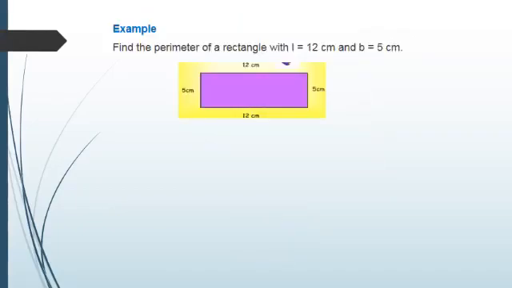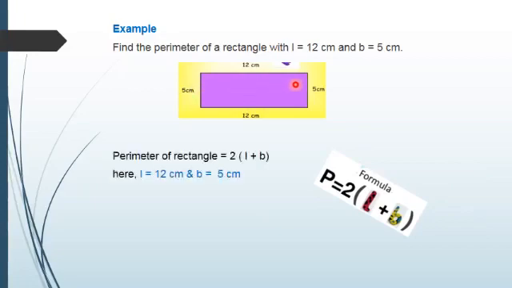Now in this example, we will find the perimeter of a rectangle with the length of 12 cm and a breadth of 5 cm. We know the formula of the perimeter is 2 times (length plus breadth). So, for this rectangle, we have a length 12 cm and a breadth 5 cm.